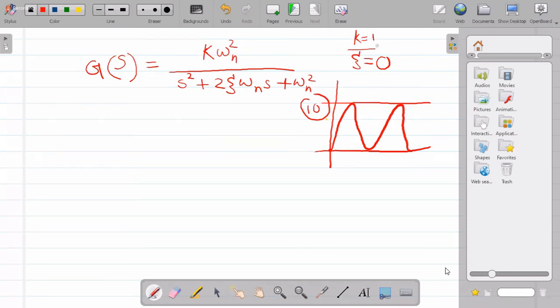In case this k becomes 2, what would be the final steady state value? It becomes 20. So clearly, this will not be shown at the output because the op-amps will all saturate at say 12 or 15 volts. So you'll get a flat top response that will not be the actual response of the system.